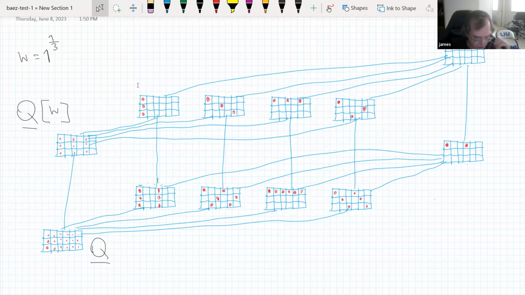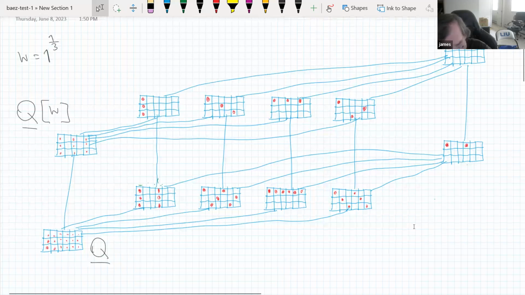It looks like we have an 18 element Galois group, which is the Galois group of this top field over this bottom field. It's an 18 element abelian Galois group. And let's remind ourselves of what it is.